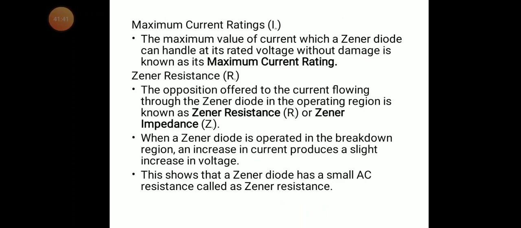The next one is the maximum current rating, which we need to know. What is the maximum amount of current passing through the Zener diode? We need to know that amount, otherwise it may damage the device. The maximum value of the current which a Zener diode can handle at its rated voltage without damage is known as its maximum current rating.